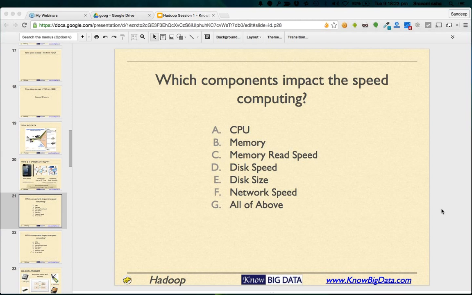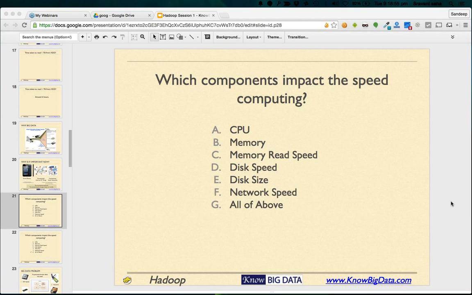Saba says processor, memory. Akash says E. Nilesh says G. Sudhin says G. Kanushka says CPU. Vijay says G. Saba says network speed for distributed ones: processor, memory, and network speed.